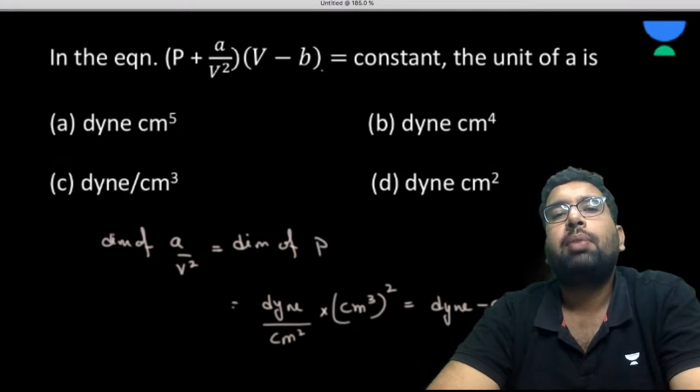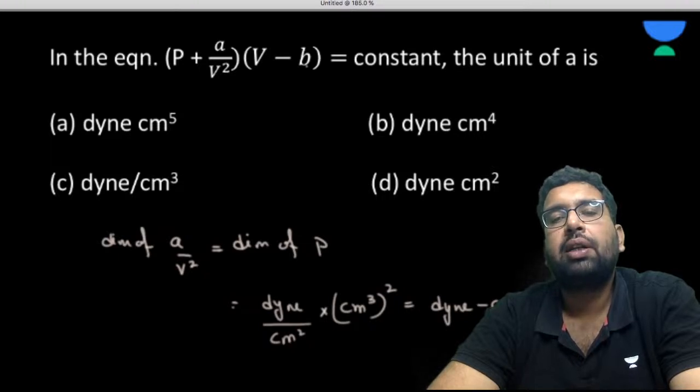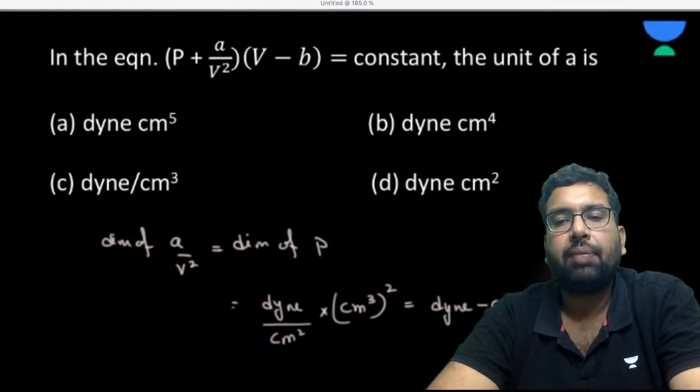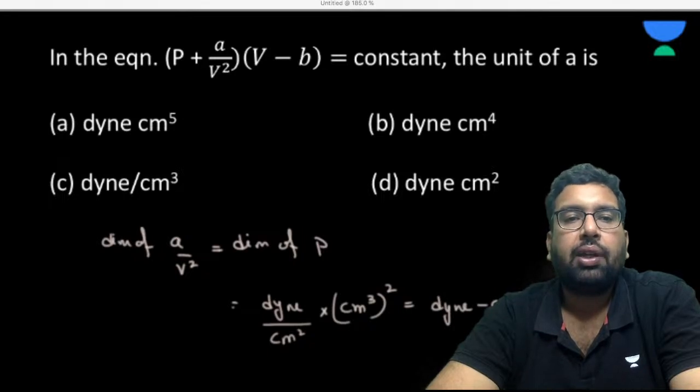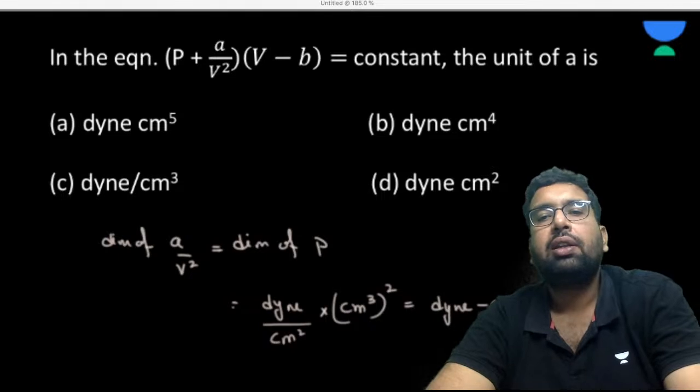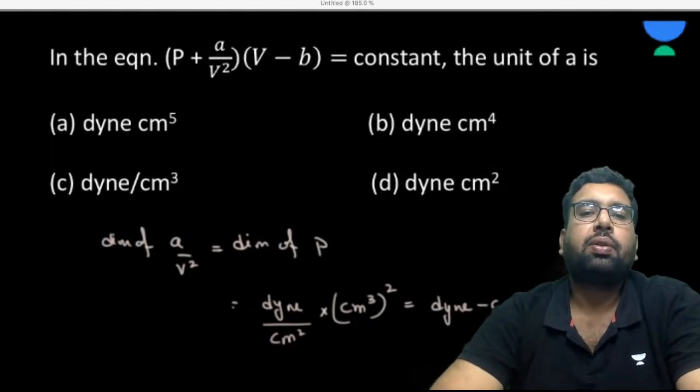So, sir, it has to be centimeter cube, right? Why so? V minus B. When it is V minus B, obviously B and V have the same dimensions, otherwise it cannot be subtracted. Now let's move to the next question.